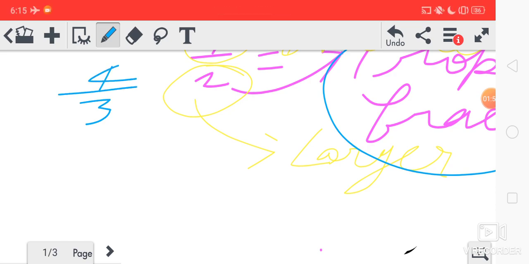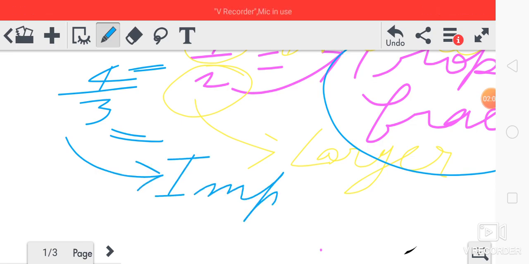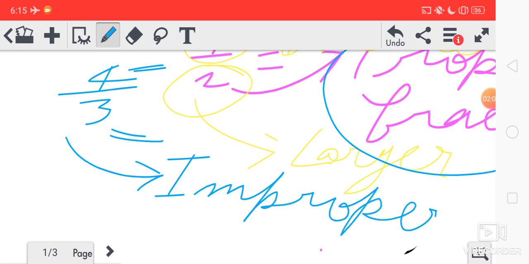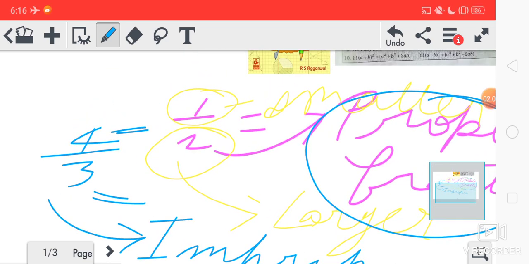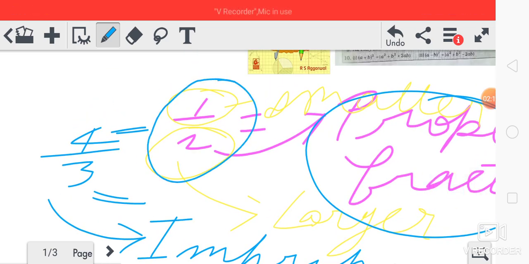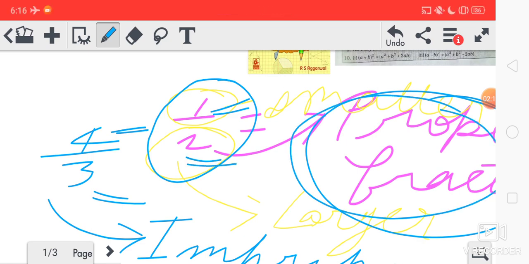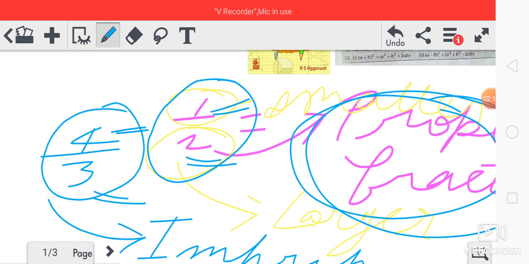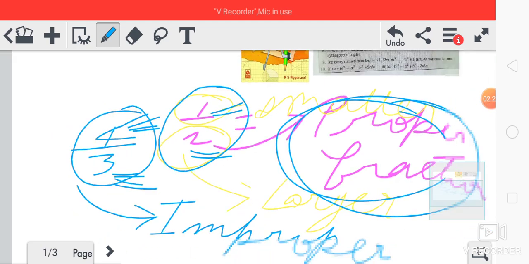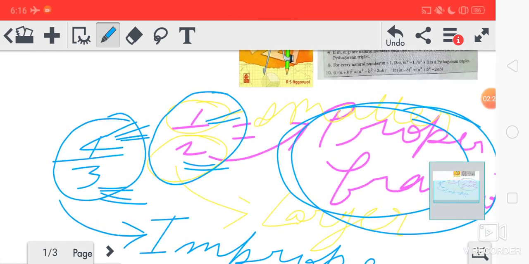Look here, the numerator is greater and the denominator is smaller. So this is an improper fraction. So a proper fraction is where the numerator is smaller and the denominator is larger. An improper fraction is where the numerator is larger and the denominator is smaller. Okay, so this is your proper and improper fraction.